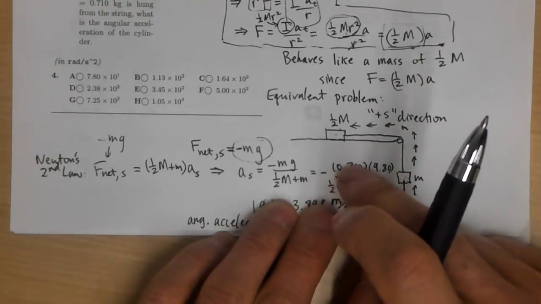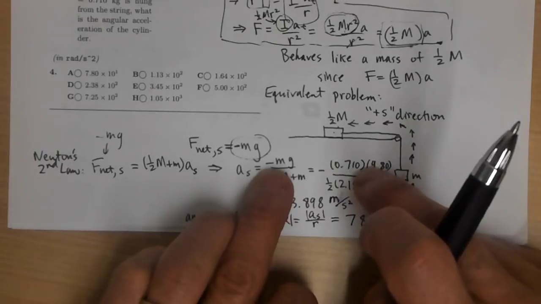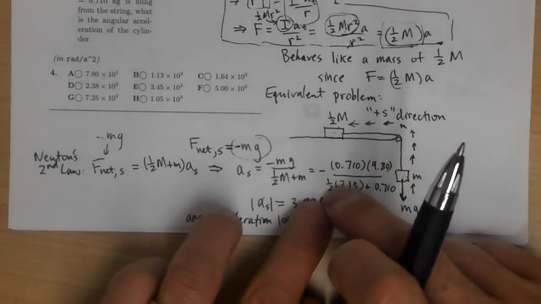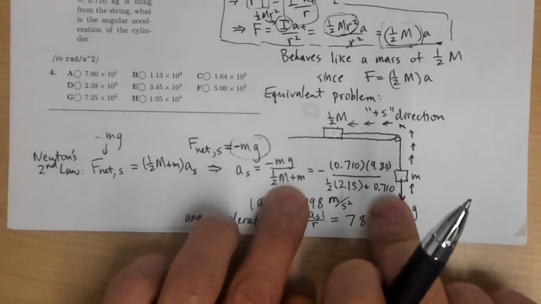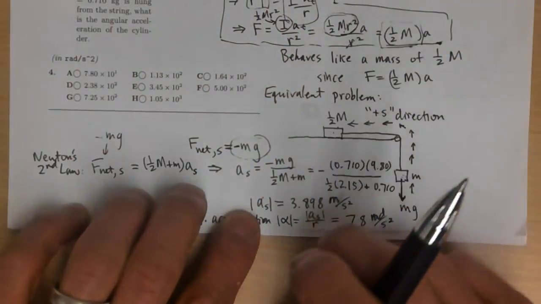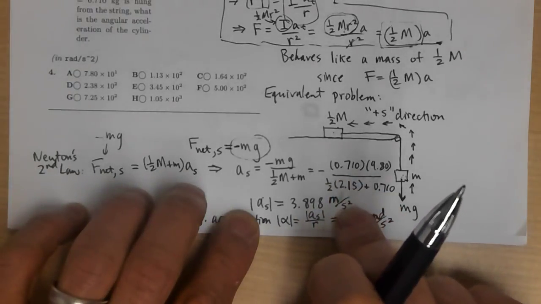Plugging in the numbers, minus 0.71 for the small mass m, 9.8 for g, over 1/2 times the capital M, which is 2.15, plus small m, which is 0.71. And then I get that the magnitude of as, they just want the magnitude, is going to be 3.898 meters per second squared.